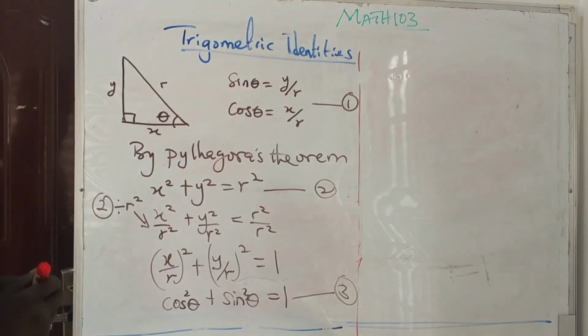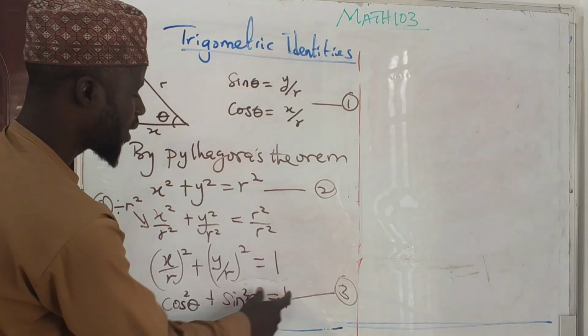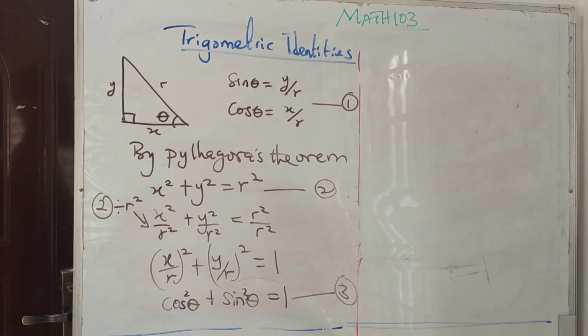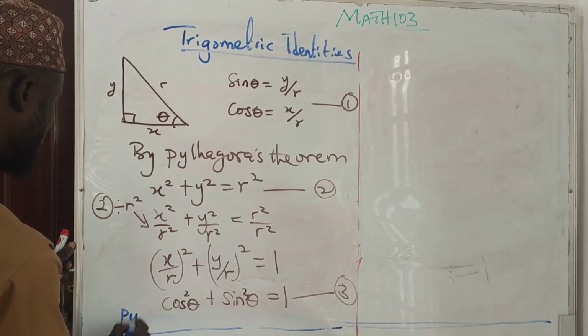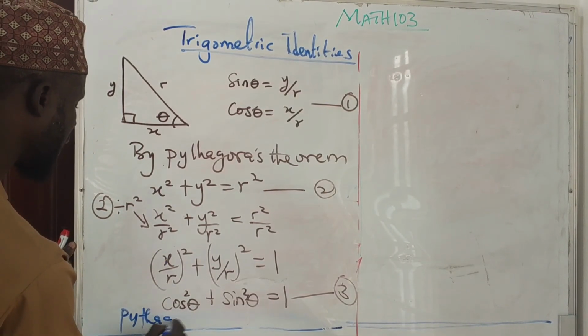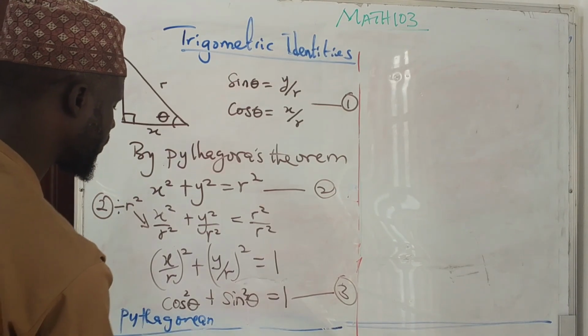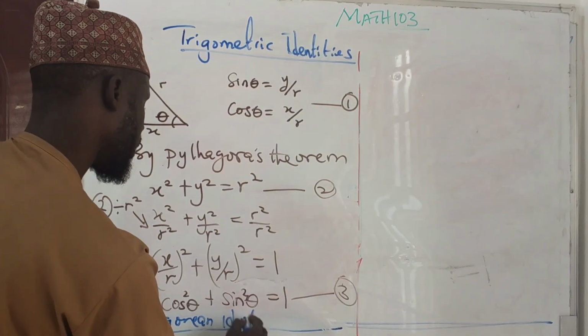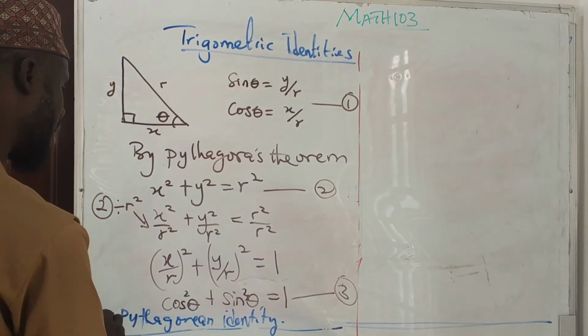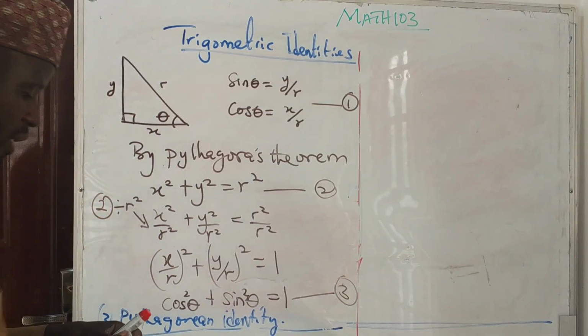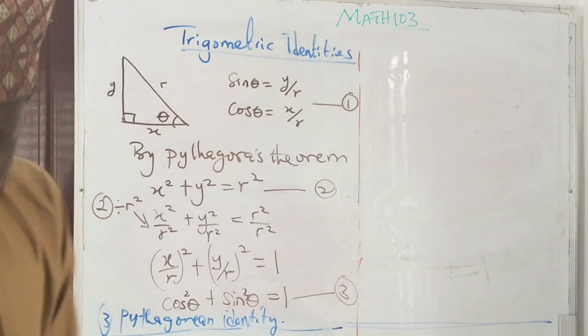What this equation is saying is that cos squared theta plus sine squared theta is equal to 1. Equation 3 is called the Pythagorean identity.